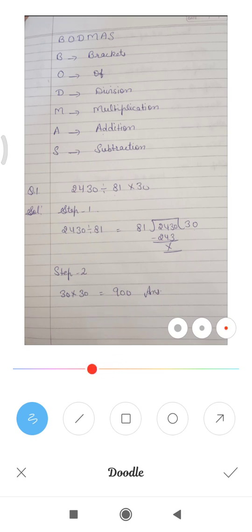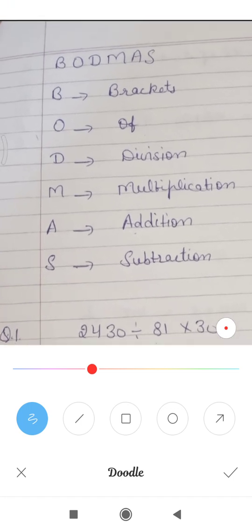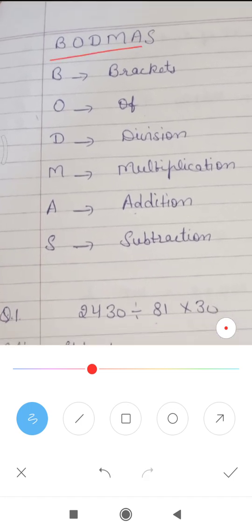Before doing simplification, dear children, first I'm going to tell you about BODMAS. What is BODMAS? In BODMAS, first it is written B. B means brackets. Then O means of. Then D means division. M means multiplication.